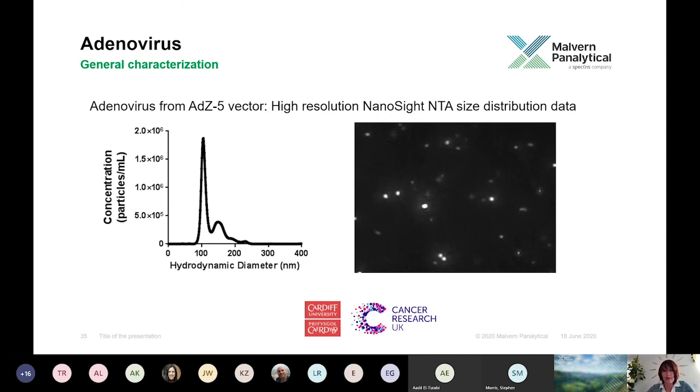I'm sure you're all aware that the adenovirus is around 100 nanometers, and any impurities after the purification process can be easily observed in the Nanosite distribution as additional population peaks in the size distribution.